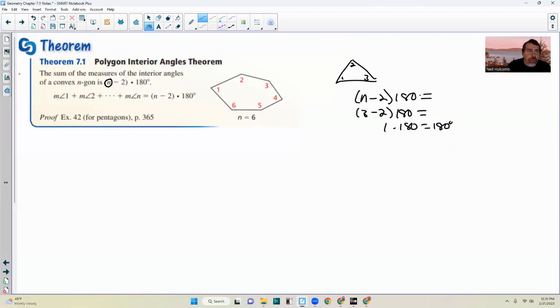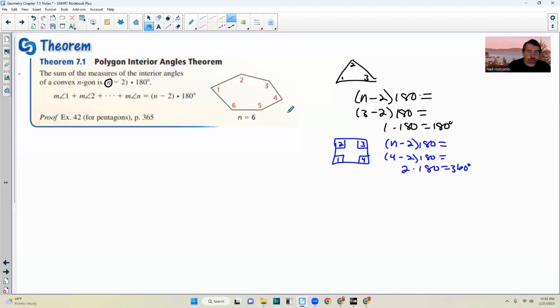Okay, so then if I went to a square or a rectangle, and there's 1, 2, 3, 4 angles, then it'd be n minus 2 times 180, and our n now is 4, so 4 minus 2 times 180 equals 2 times 180, because 4 minus 2 is 2, and 2 times 180 is 360 degrees. So in a rectangle or a square, 4 90-degree angles add up to 360.